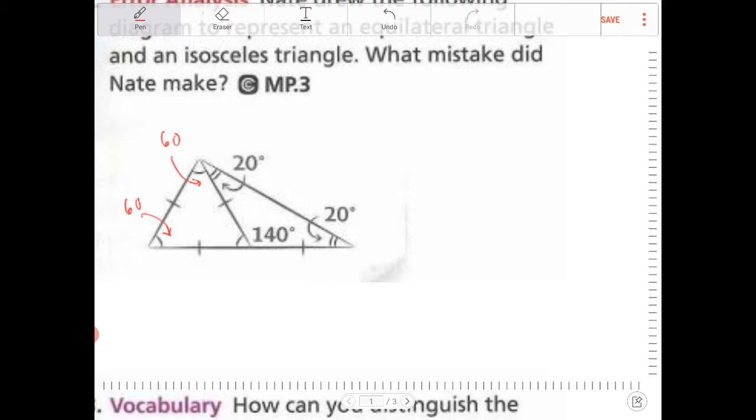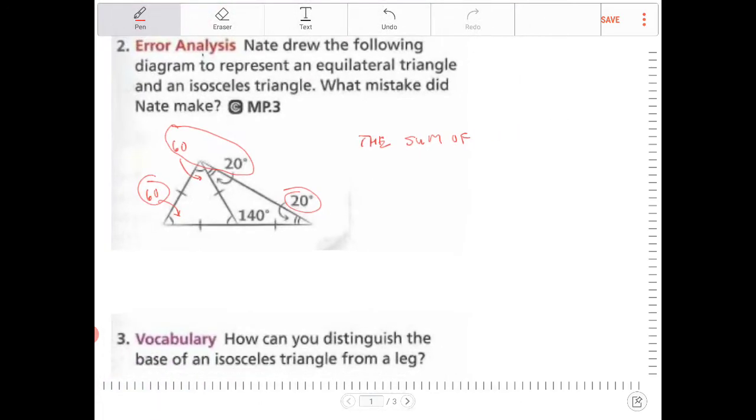And if that is the case, then these two angles must add up to 80, and these two angles add up to 80. The mistake that he made was the sum of angles does not add to 180. Here in this case it only adds to 160, the ones that are circled there.